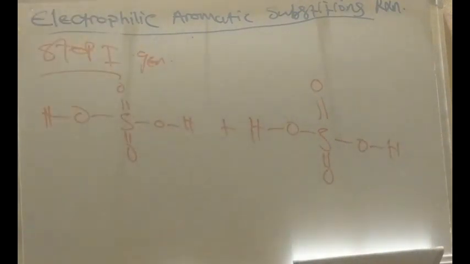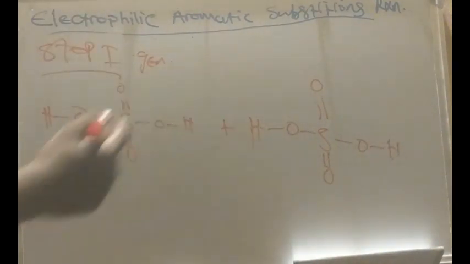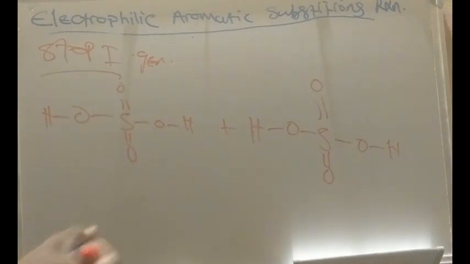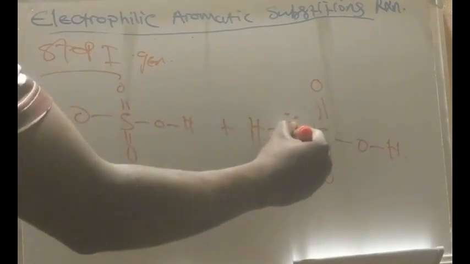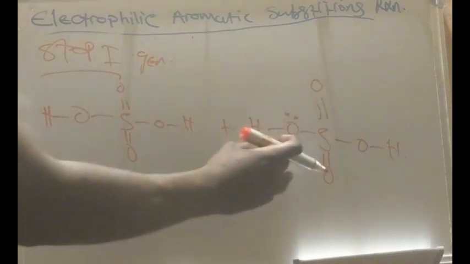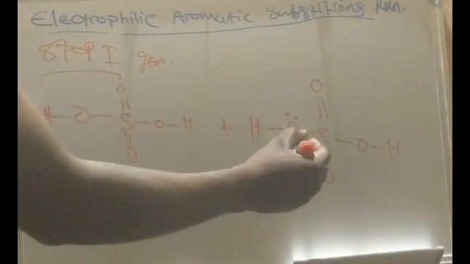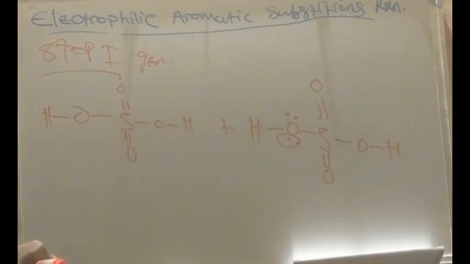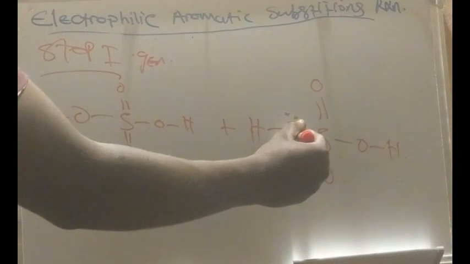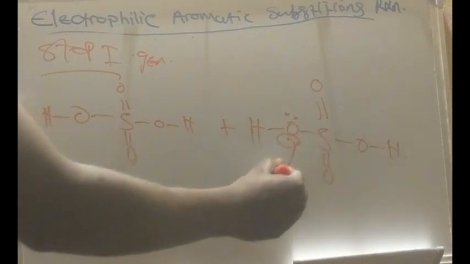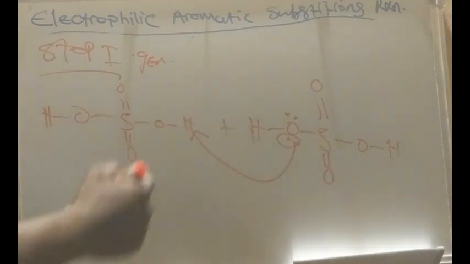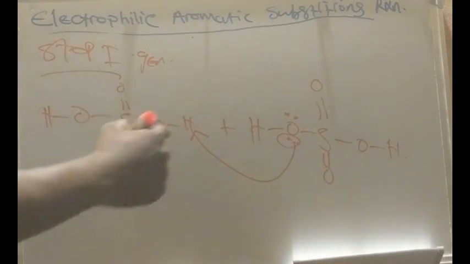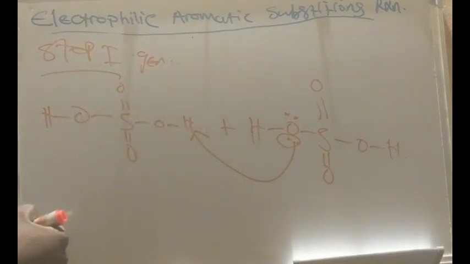So a reaction will happen between these 2 molecules of sulfuric acid, where one oxygen, preferably I'll choose this oxygen here, will abstract a hydrogen from another molecule of sulfuric acid. So you find that this oxygen here will use its lone pairs to abstract this hydrogen from this other molecule, which is a sulfuric acid.